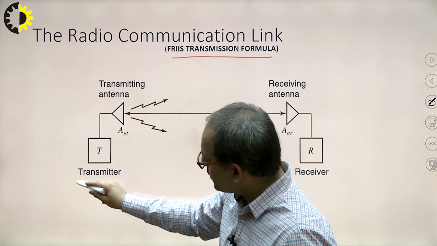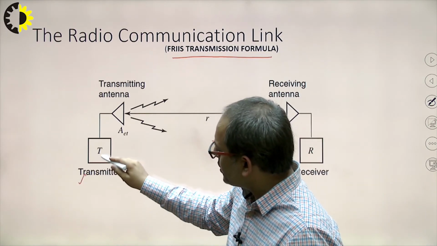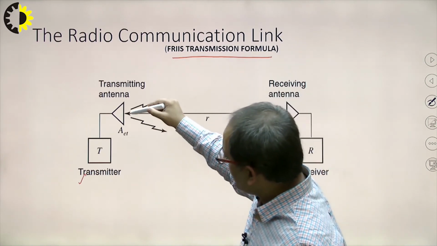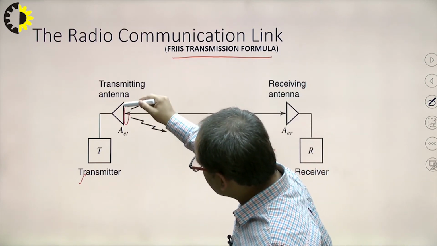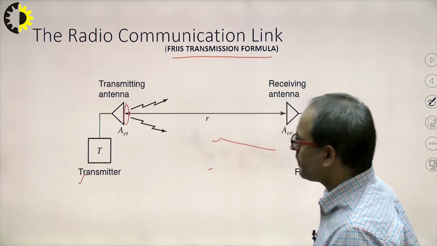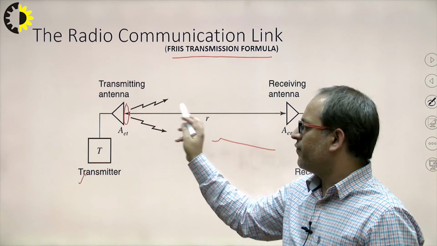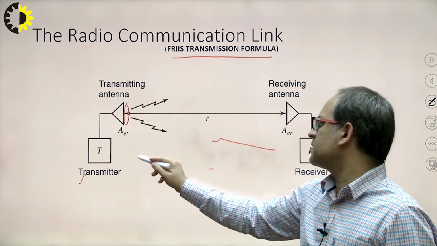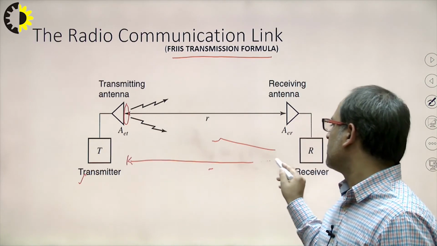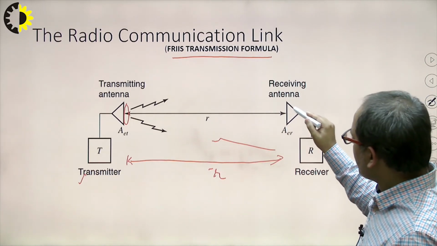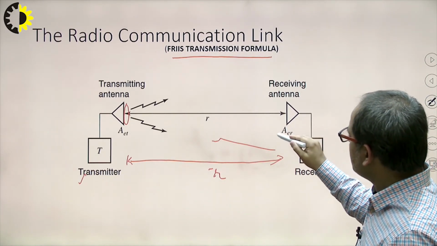Here it is a transmitter, associated with its transmitting antenna having effective aperture area AET, and this is transmitting its waves. At distance r there is a receiver having effective aperture area AER.